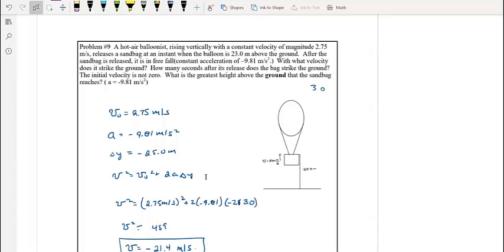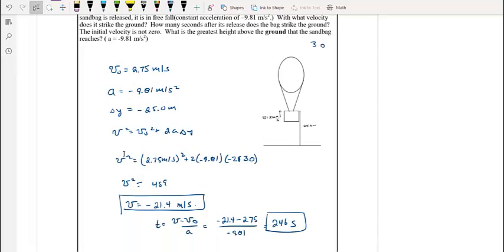So the first part of the problem has the bag going up and all the way back down again. So we don't have to calculate intermediate conditions. The final condition is when delta y equals negative 25 meters. So again, we can use equation 4 with this being v0 because the balloon's moving up. Delta y is negative.